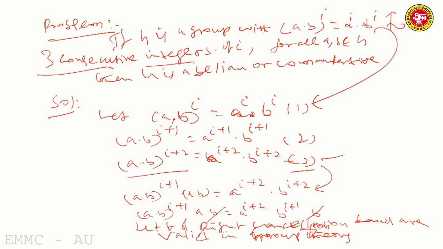Left b and left b are cancelled. So we have (ab)^(i+1)·a = a^(i+2)·b^(i+1). Yes, this is the remaining thing.